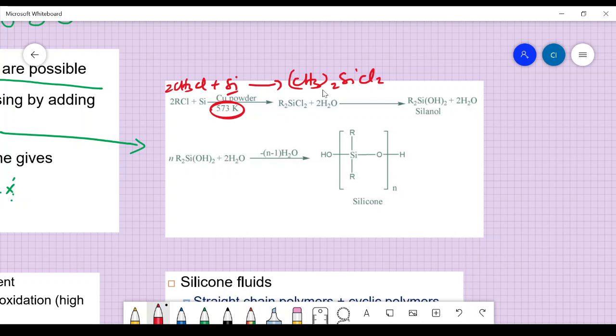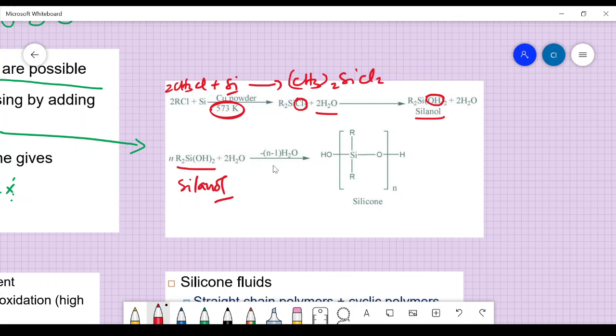You get this silicon dichloride. In the same reaction mixture, it is made to react with water, forming silanol. What has happened there? Two chlorine atoms have been replaced by two hydroxyl groups. This is perhaps a kind of nucleophilic substitution. Now you can have R2Si(OH)2, called the silanol. OL means you have got alcohol.